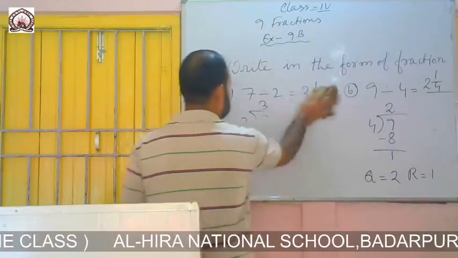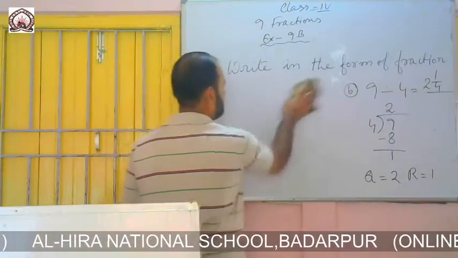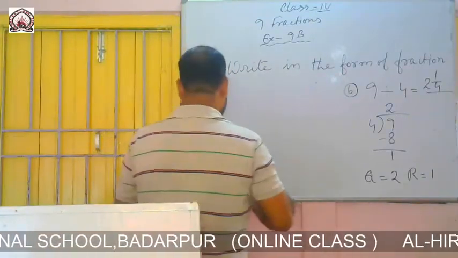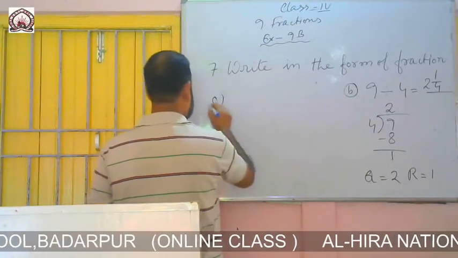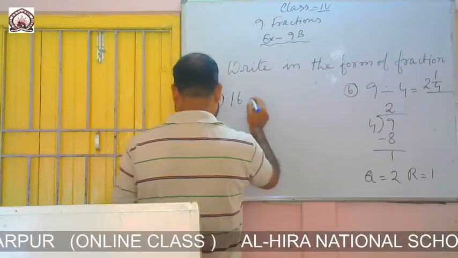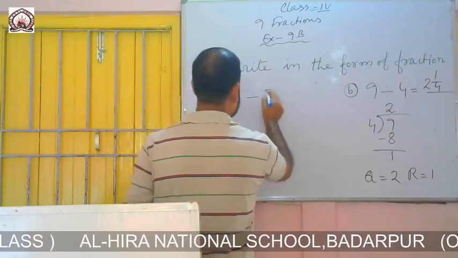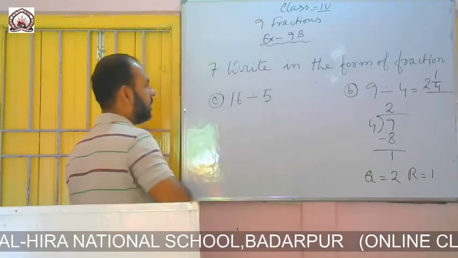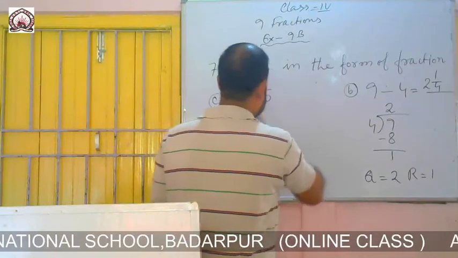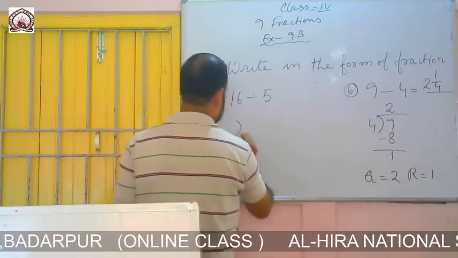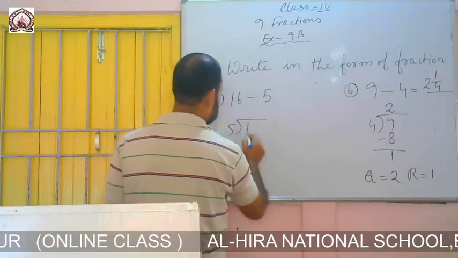Next question number C. Question number C, 16 divide 5. We write in the form of fraction. So first we do divide. 5 16.